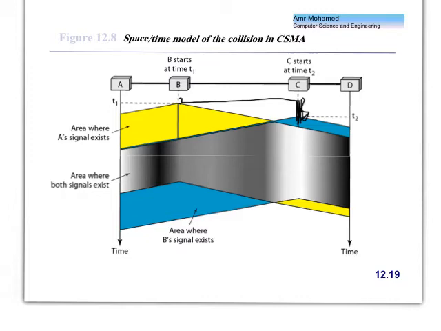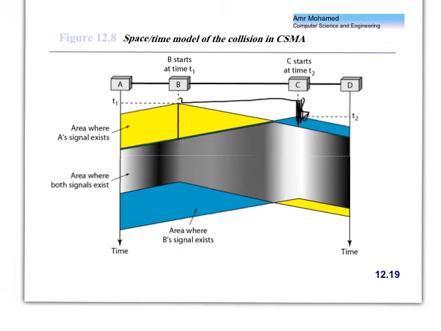Yeah, during this gray area, there is collision. Okay, there is overlap between the two frames. So why do we need to highlight this? Remember that this overlap depends on the time and the space, and it's very important.